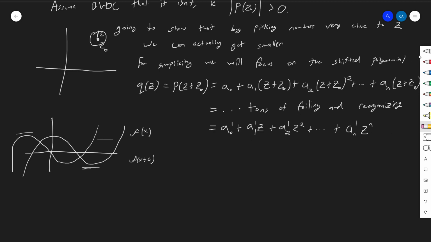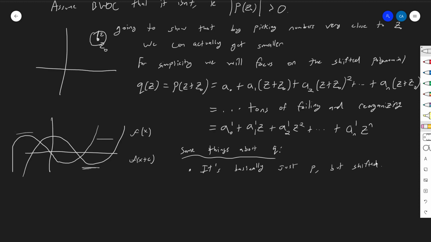So let me go ahead and start to write these observations out. Some things about Q. So one, this isn't really an observation. I'm just going to use bullet points. It's basically just P, but shifted.